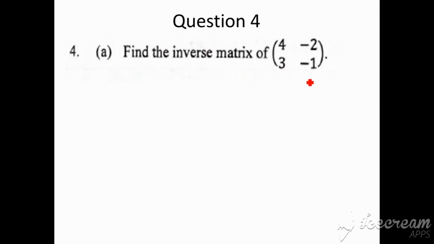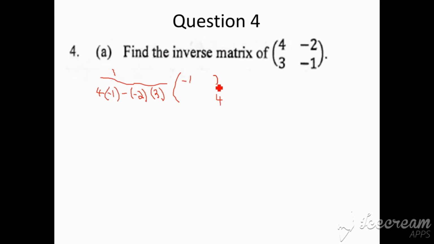4a, find the inverse matrix. We use the formula of the inverse matrix: 1 over AD minus BC, 4 times negative 1 minus negative 2 times 3. A interchange with D, negative 1, 4.